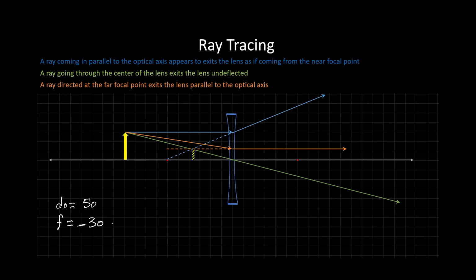You have to be careful. Whenever you're dealing with a diverging lens, the focal length is negative. Okay, and it looks like h sub o is 3 units.